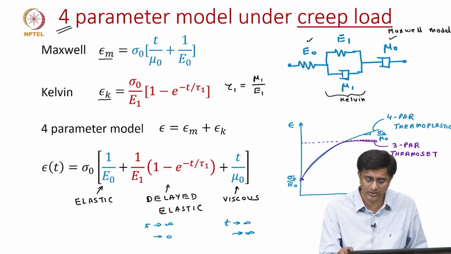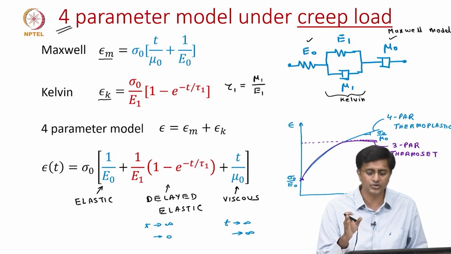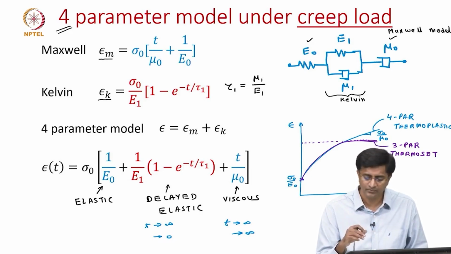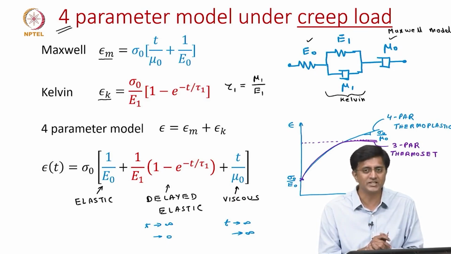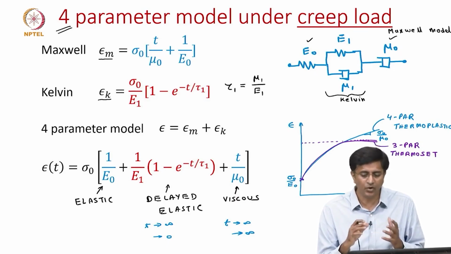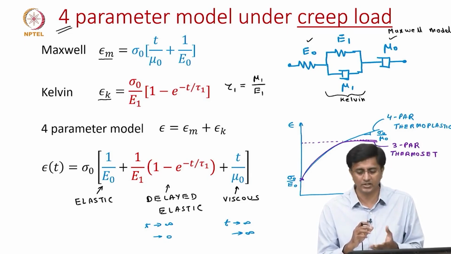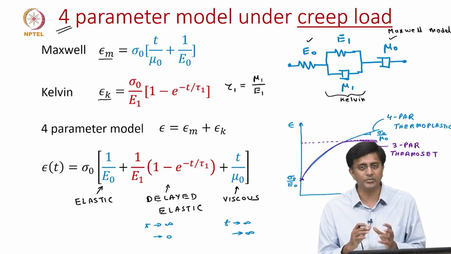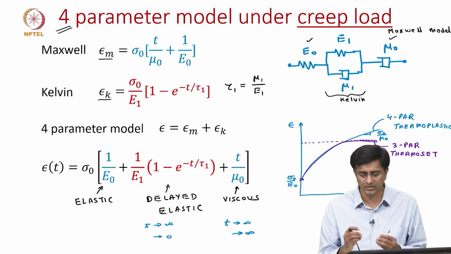We also showed that for a 4 parameter model the strain goes to infinity if we wait longer, but for a 3 parameter model it reaches a constant value. And regarding thermoplastic versus thermoset, the 4 parameter model better represents a thermoplastic, but the 3 parameter model better represents the thermoset.